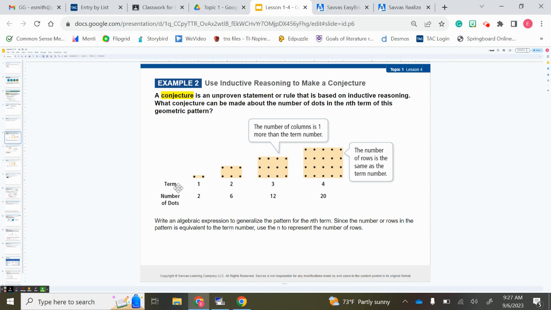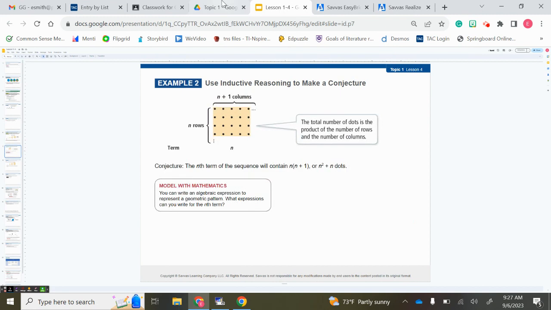Okay? So if we wanted to express this algebraically in order to get that conjecture or that rule, we can look at this again, saying the rows is just the term number, and the columns is the term number plus 1.